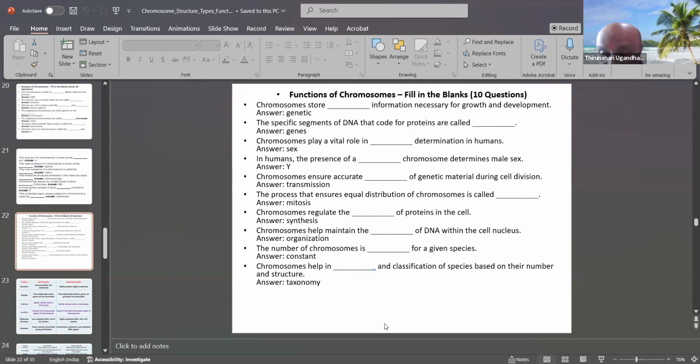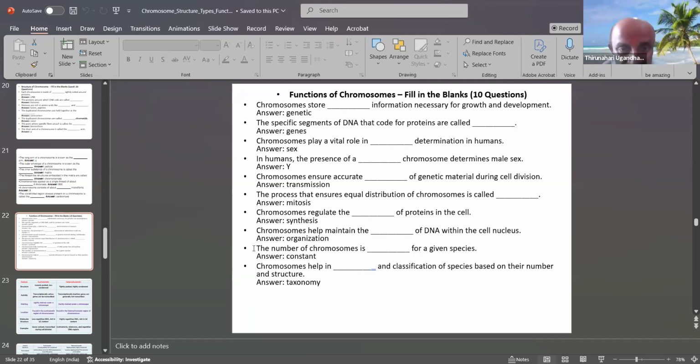The genetic information is important for the storage and transfer of inherited characters. The second one, the specific segments of DNA that code for proteins are called genes. These genes are important parts.